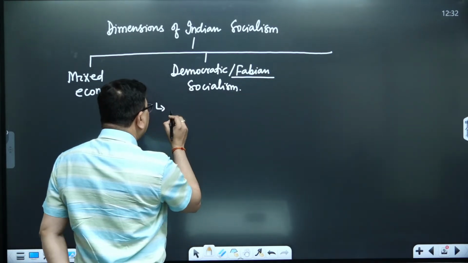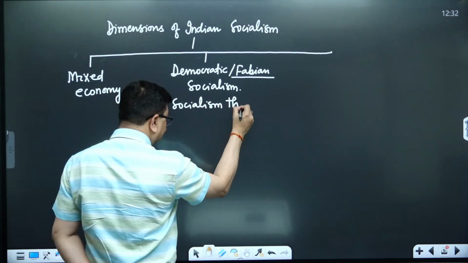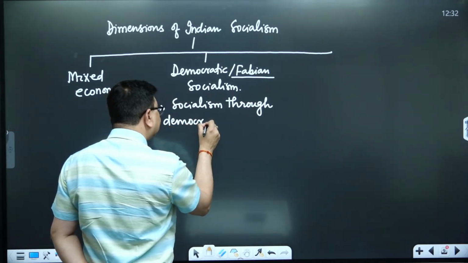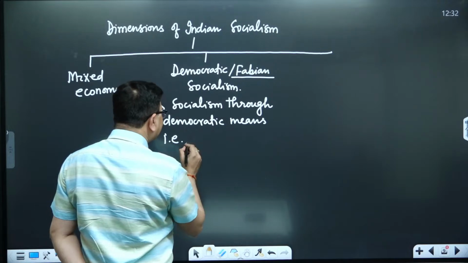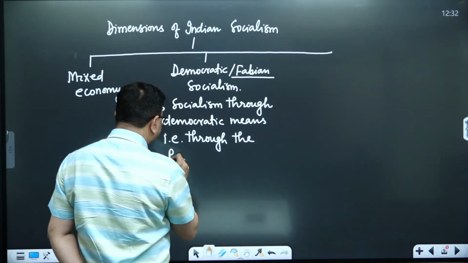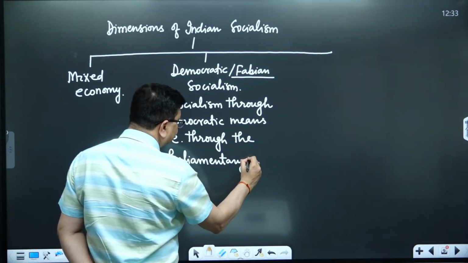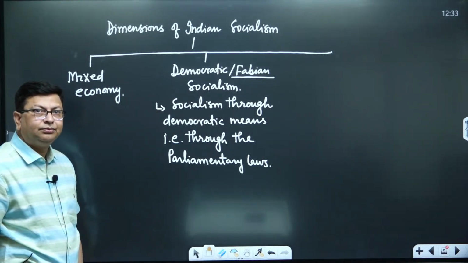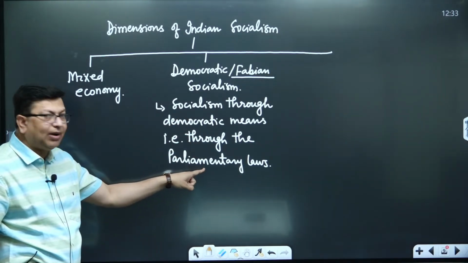That is, we want to achieve socialism through democratic means, that is, through parliamentary laws.